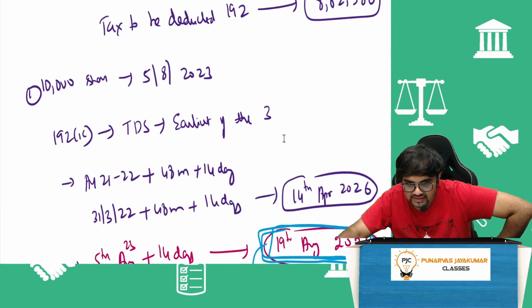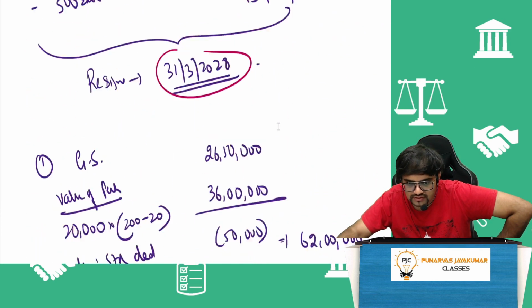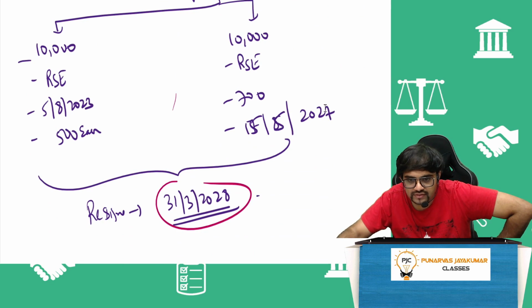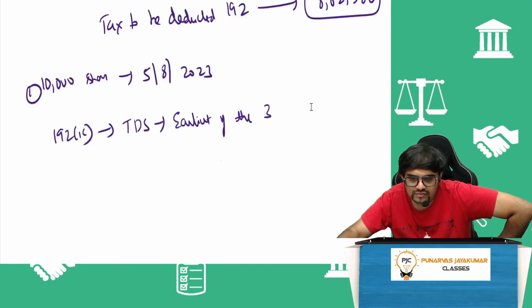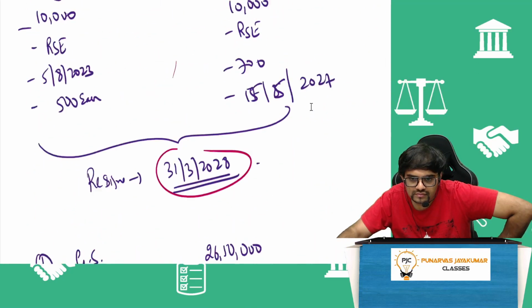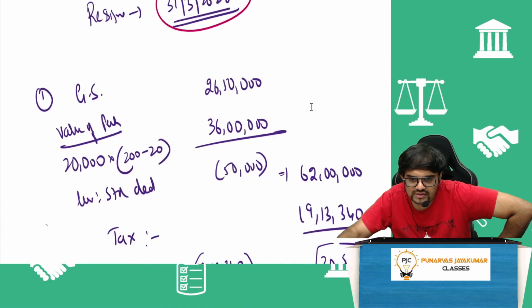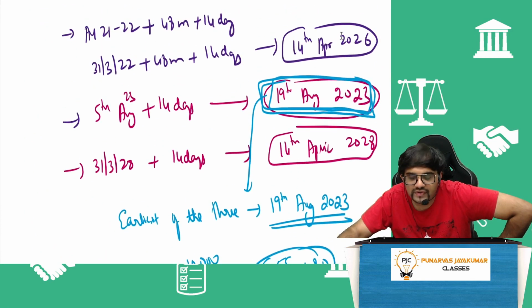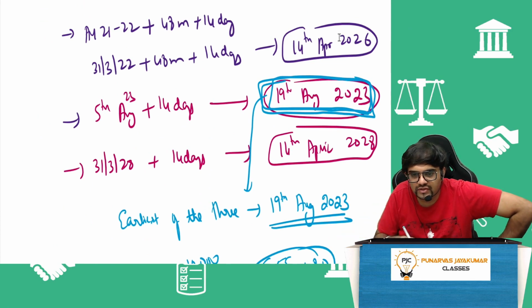The balance 10,000 which he has, that should be done the same. If you see 15/5/27, that is the day he sells, plus 14 days, or resigns, 14th April 28 or 14th April 26. Correct? 19th August is when he sold.